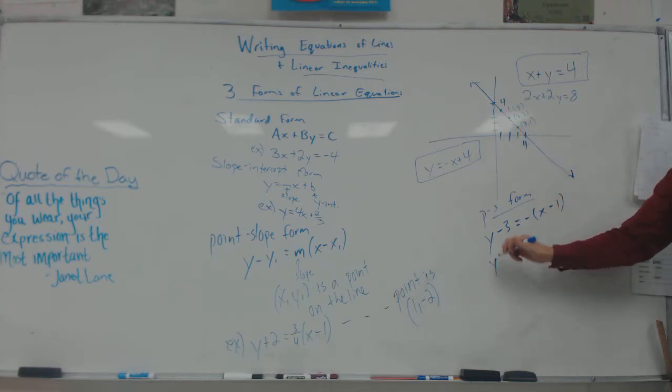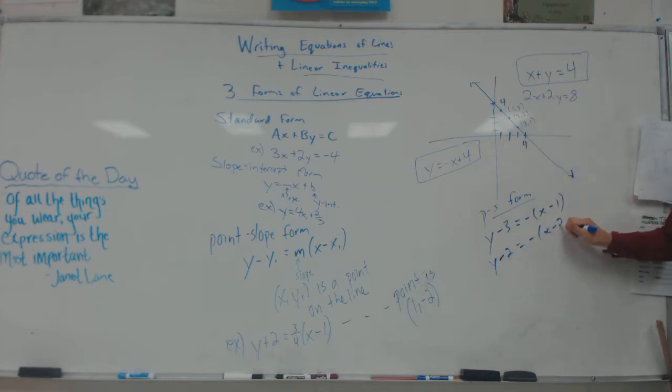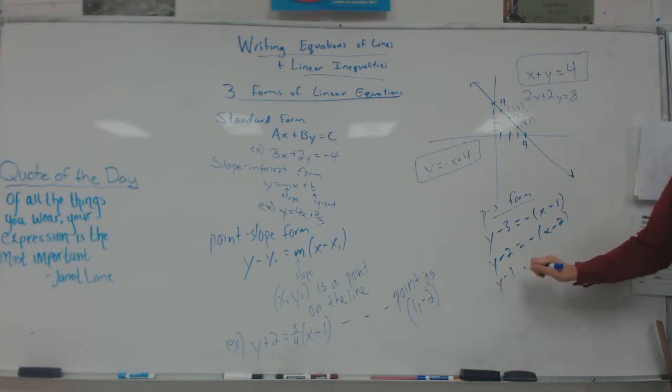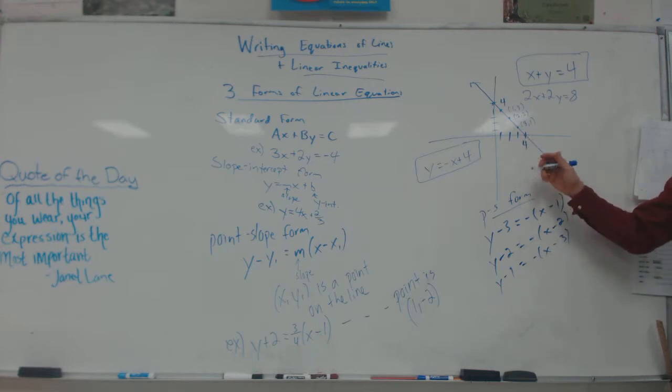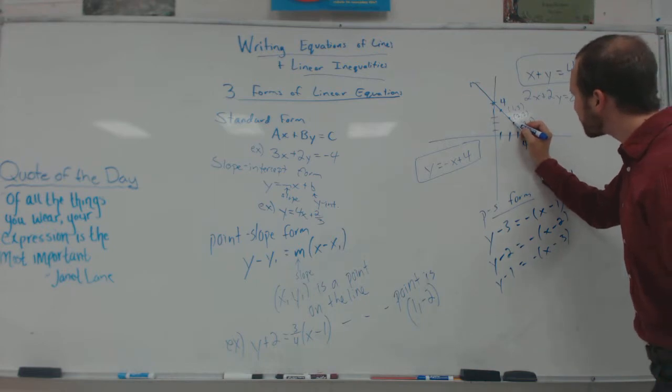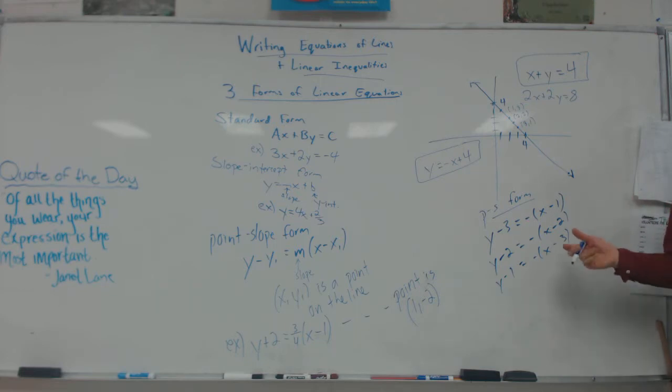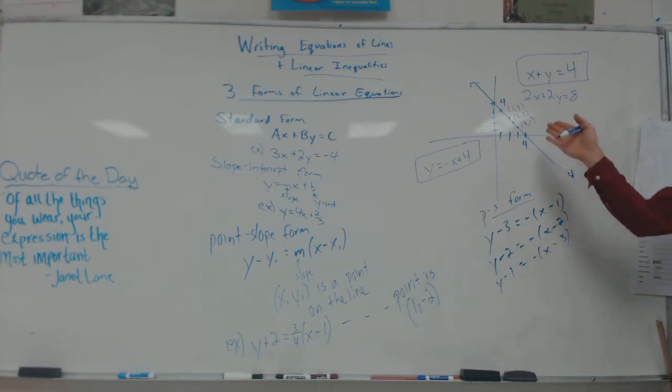Oh, but couldn't I write an equation using this point? Y minus 2 equals negative x minus 2. Oh, couldn't I write one using this point? Y minus 1 equals negative x minus 3. Wait, what about this point? Or this, what about this point right here? Or this one, way down here? There are infinite ways to write a point-slope equation for any given line, because there are infinite points on the line.